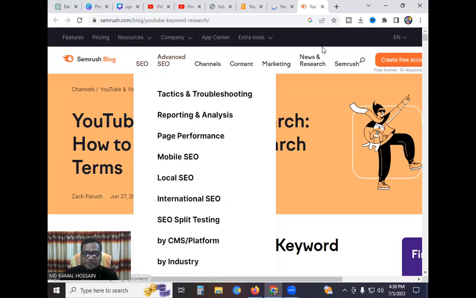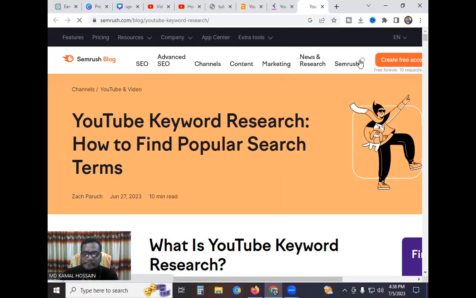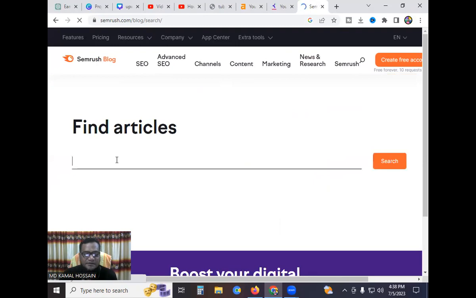Keyword search volume. Search: make money. Just search one keyword.